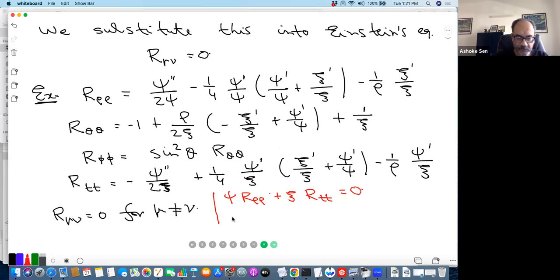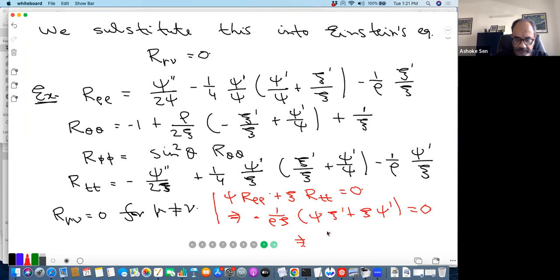So this gives you minus 1 over rho times xi times psi prime plus psi prime equal to 0.